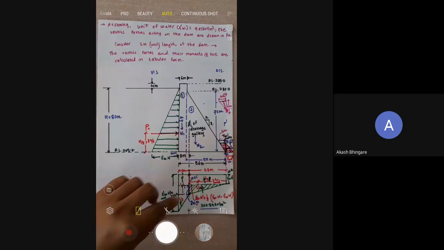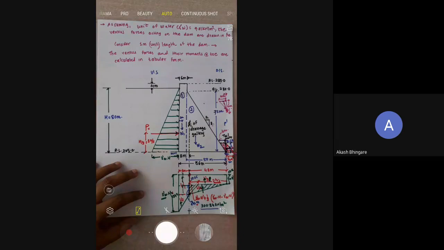This distance is very small, so don't get confused by this. So this force will create movement in which direction? Clockwise or anti-clockwise? P dash will create movement in which direction?